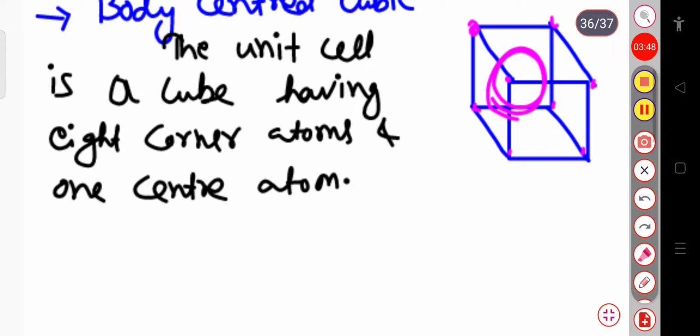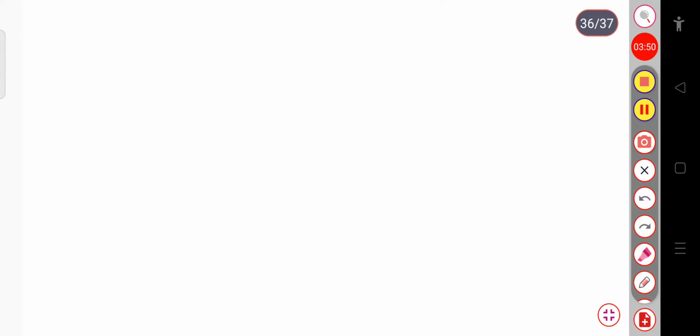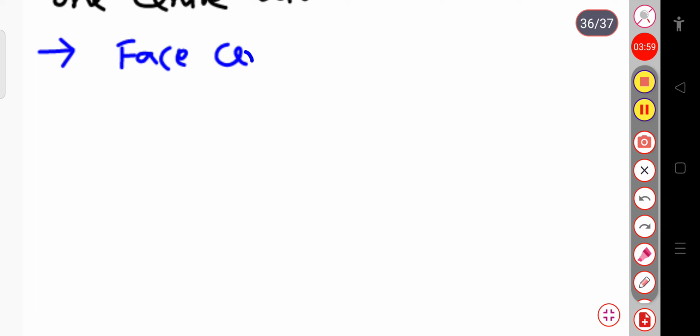Now we will see the face centered cubic structure. This is written as FCC.